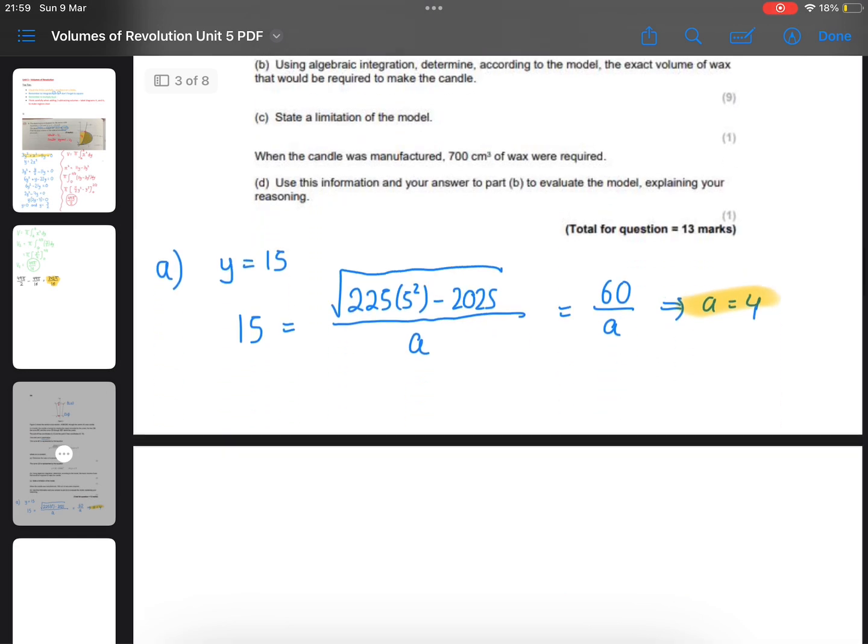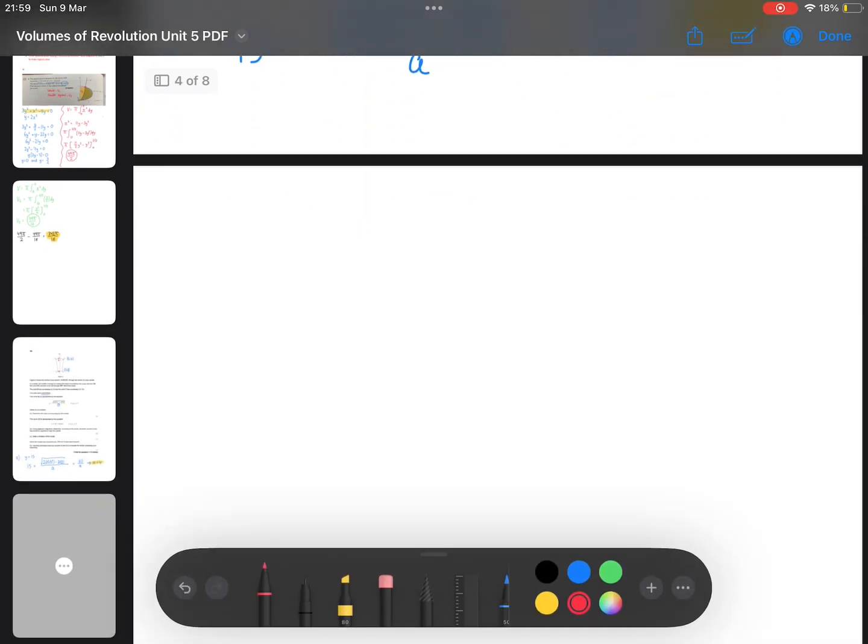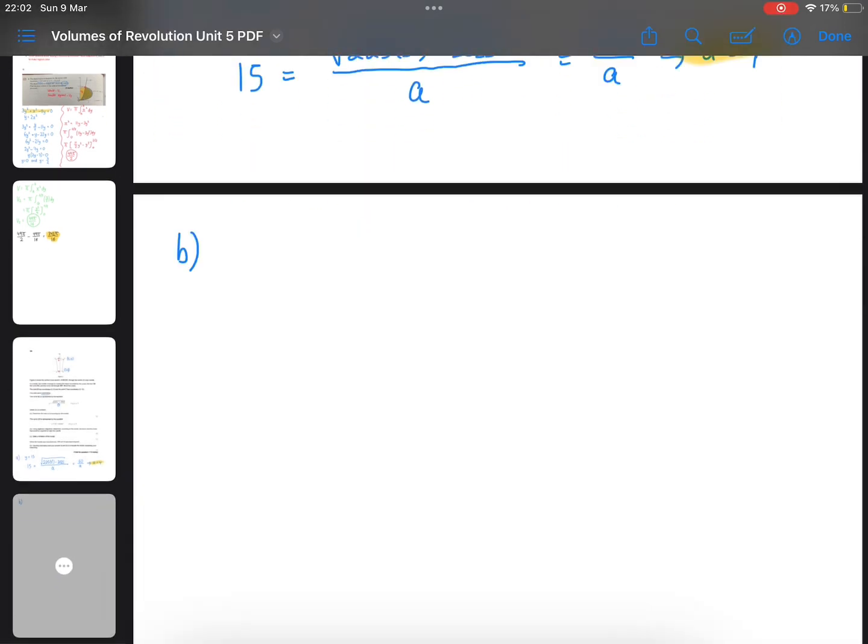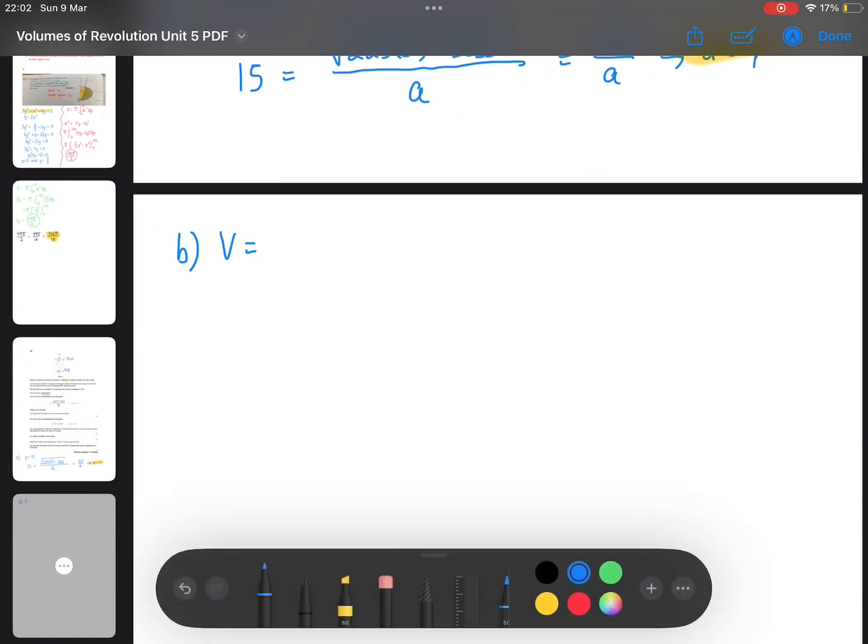So starting with the first one, and we've now got the equation. Starting with our formula, we have V equals pi times the integral of x squared with respect to y. So here we have that 4y is the square root of 225x squared minus 2025.